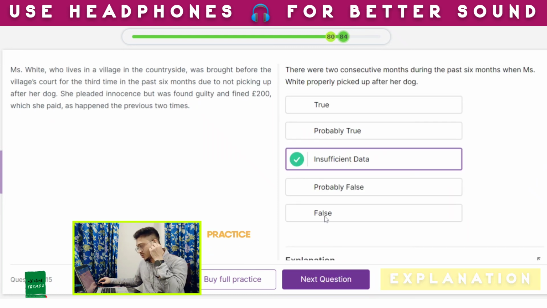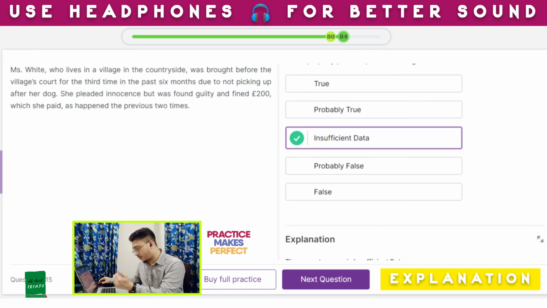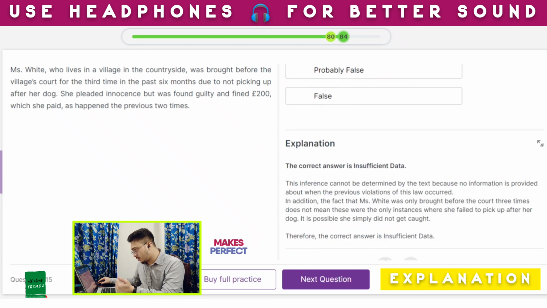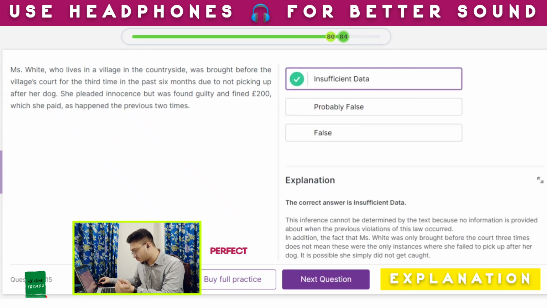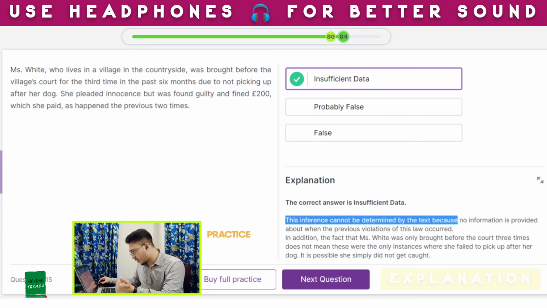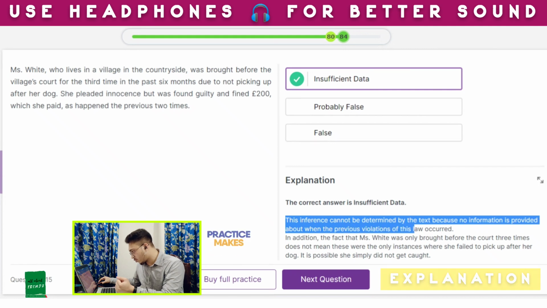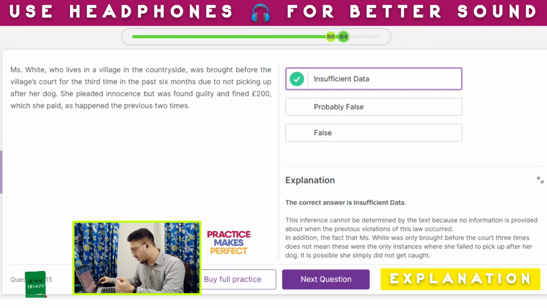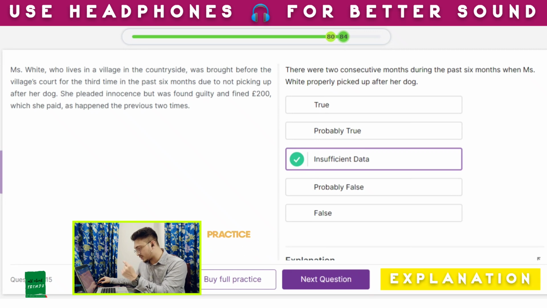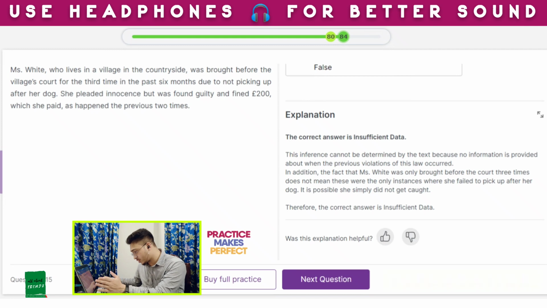Okay. So the next question is about our inference part. The answer is insufficient data. It's very simple as that, because if you see the explanation, the inference cannot be determined because no information is provided about when the previous violations of the law occurred. Yeah, exactly. The question explicitly says there were 2 consecutive months, but if you look into the facts, there is no such thing mentioned.